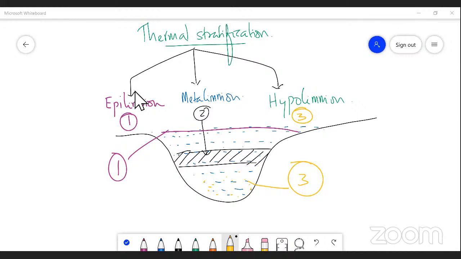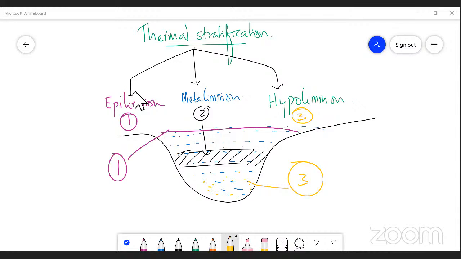Whereas the hypolimnion is so cool, right? When we go deep to the bottom of the pond, you feel the water is very, very cool in nature. So the temperature at the bottom of a pond is totally decreased. Hence, it maintains a cool temperature at the bottom of the pond.